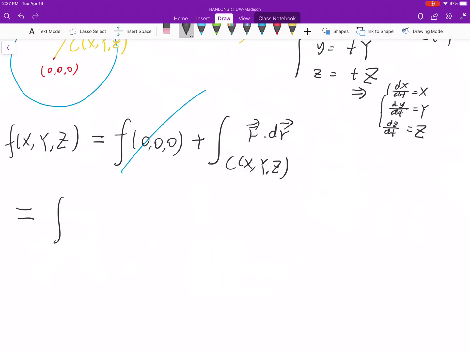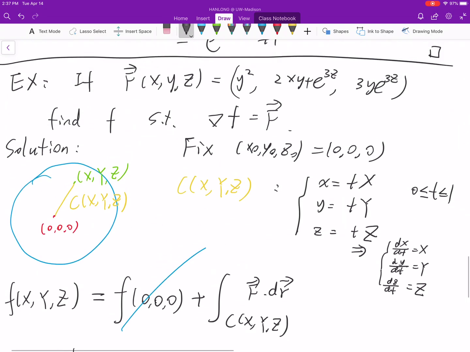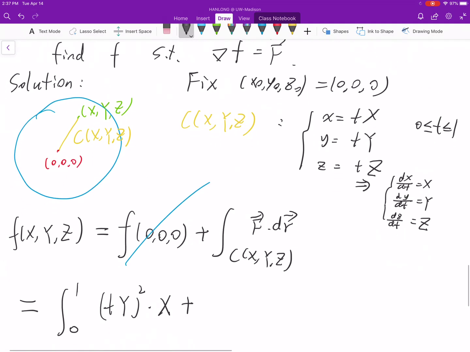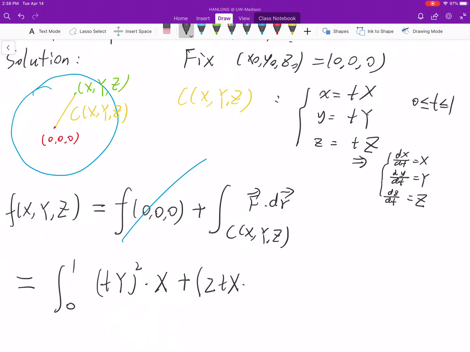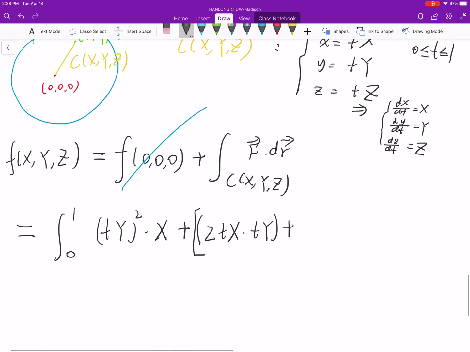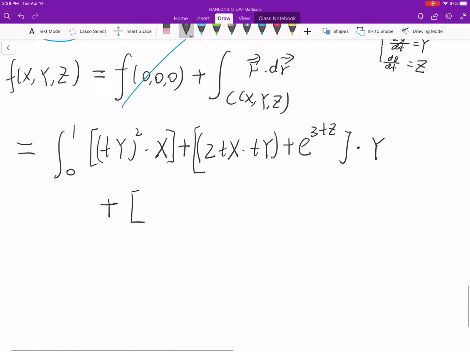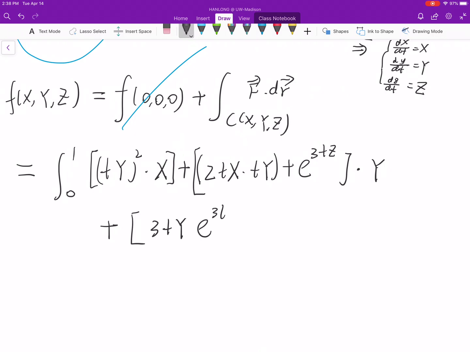Okay, therefore for this one you have the integral from 0 to 1 of y squared, so (tY) squared, times dx/dt, plus 2xy times dy/dt, plus e^(3z) times... dy, so it's Y, and then plus 3y e^(3z) times Z.